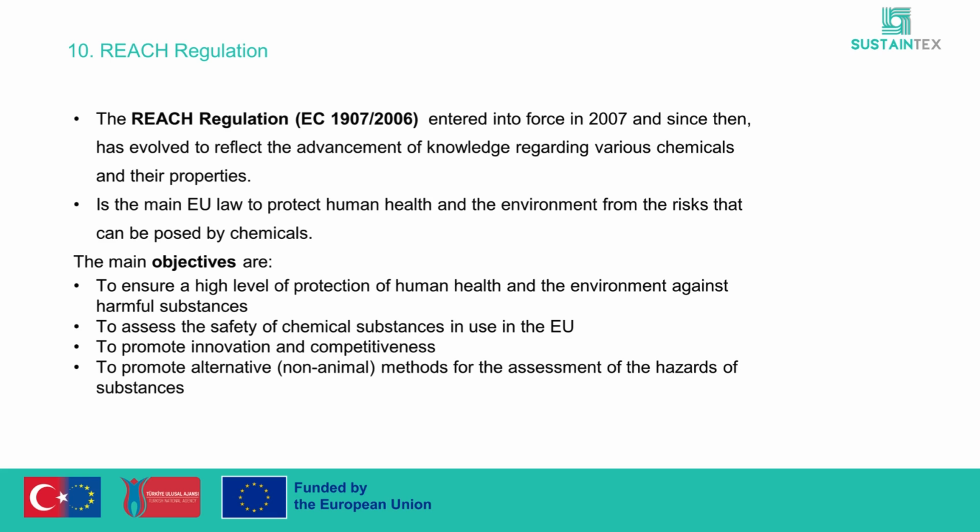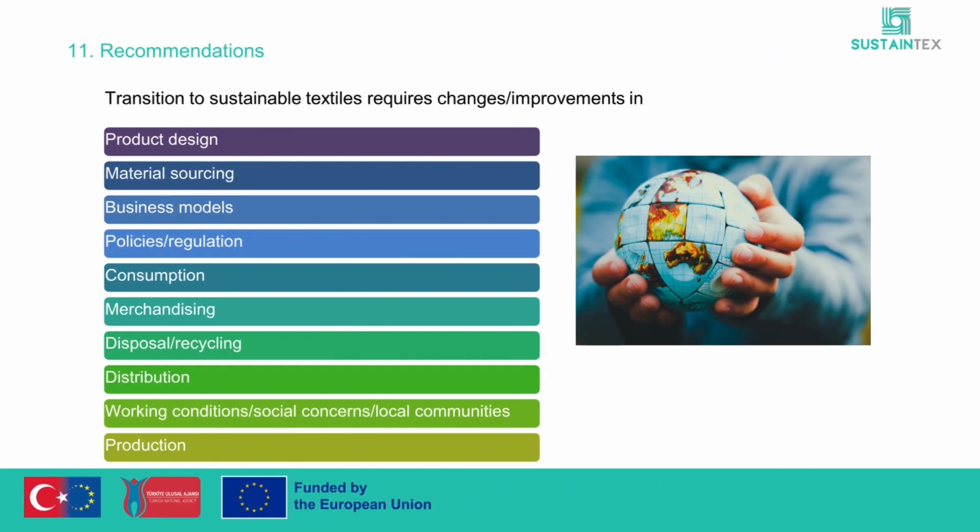Other objectives are to assess the safety of chemical substances used in the EU, to promote innovation and competitiveness, and finally, to promote alternative, non-animal methods for the assessment of the hazards of substances. The transition to sustainable textiles requires numerous changes and improvements.